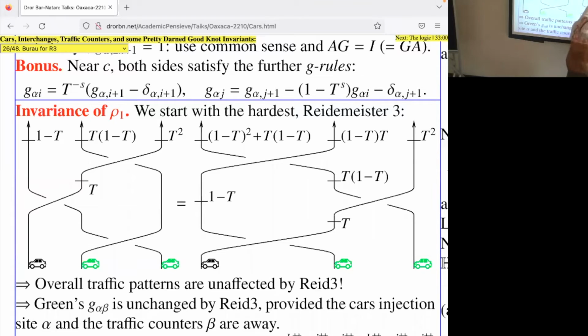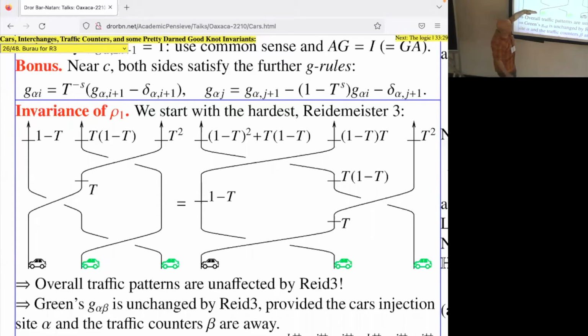And the sum of these two things is equal to that, which is a part of the proof of Reidemeister 3. And you can complete the rest yourself. Basically, injecting traffic here is even easier, and here it's even easier yet. Okay? So the moral is that overall traffic patterns are unaffected by doing a Reidemeister 3 move, right?